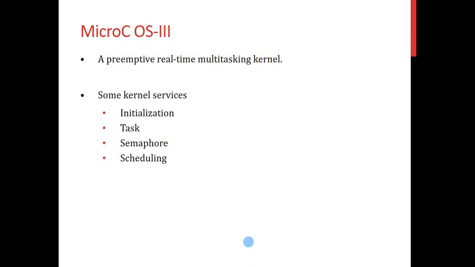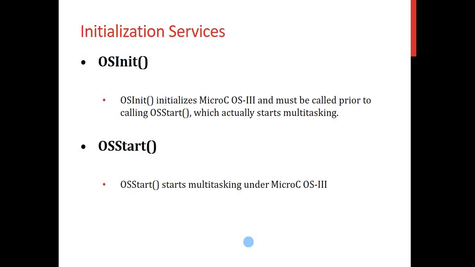Now let's look at the Micrium µC/OS-III code that we are going to be using for our assignment, as well as for improving our understanding. In the OS code, we call the OSInit function first to initialize the OS. After that, we can call OSStart, which starts the multitasking.